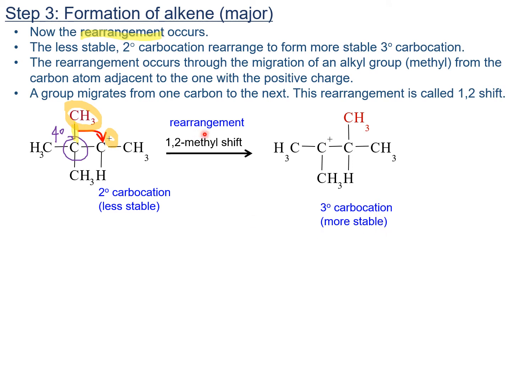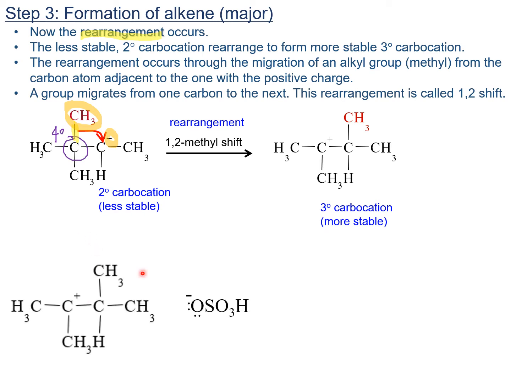Dah lepas buat rearrangement reaction, barulah kita buat formation of alkene. Okay, di mana this tertiary carbocation dia akan react dengan anion OSO3H. OSO3H ni dia akan nak reclaim balik dia punya hydrogen supaya dia dapat jadi balik H2SO4.